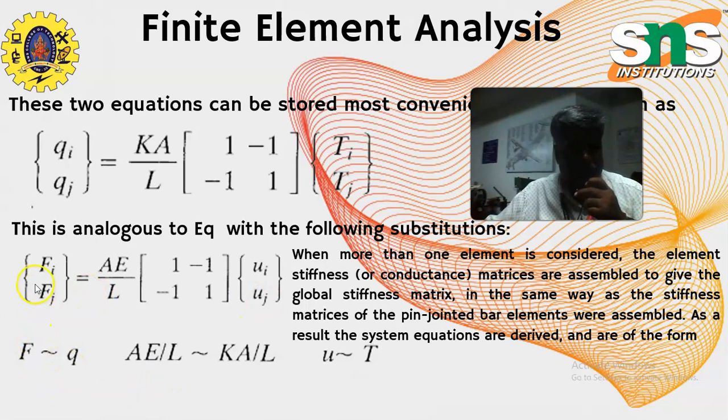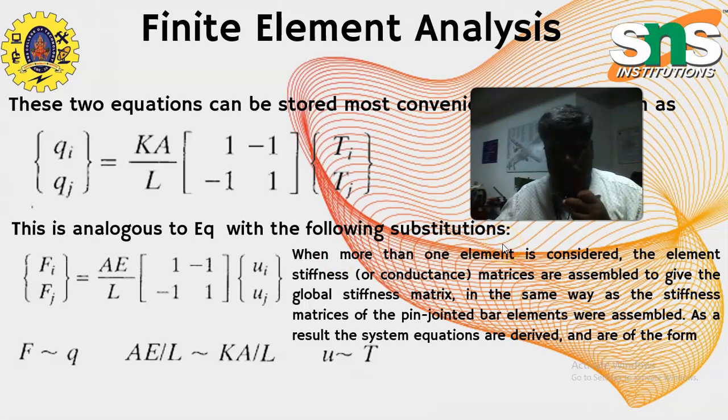Here we can see the difference between the thermal problem and the structural problem. The force vector is replaced by the heat flow. The stiffness matrix in a structural problem involves the area of cross section and Young's modulus, the material property, divided by the length of the element. In a thermal problem, it is based on the thermal conductivity and the cross-sectional area of the thermal element.